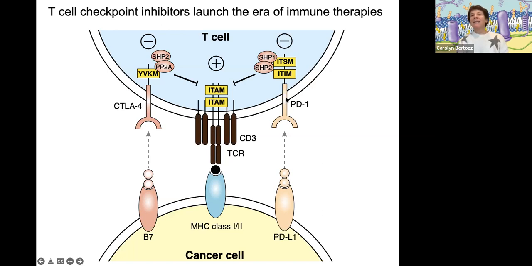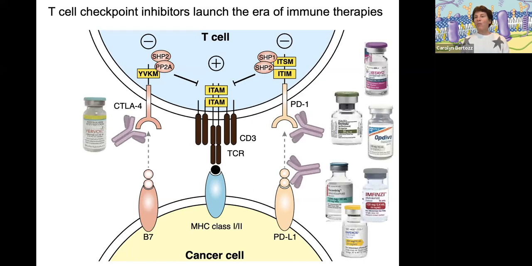So PD-1 has amino acid motifs that we call the ITIM and the ITSM domains, and they're simply docking sites for phosphatases that are called the SHP phosphatases, SHP1 and SHP2. And so there's this battle in the cytosol between the phosphatases and the kinases, and the SHP phosphatases will dephosphorylate these signaling intermediates in the TCR signaling cascade. So that's how PD-1 is able to deliver its inhibitory signal through the recruitment of these so-called SHP phosphatases.